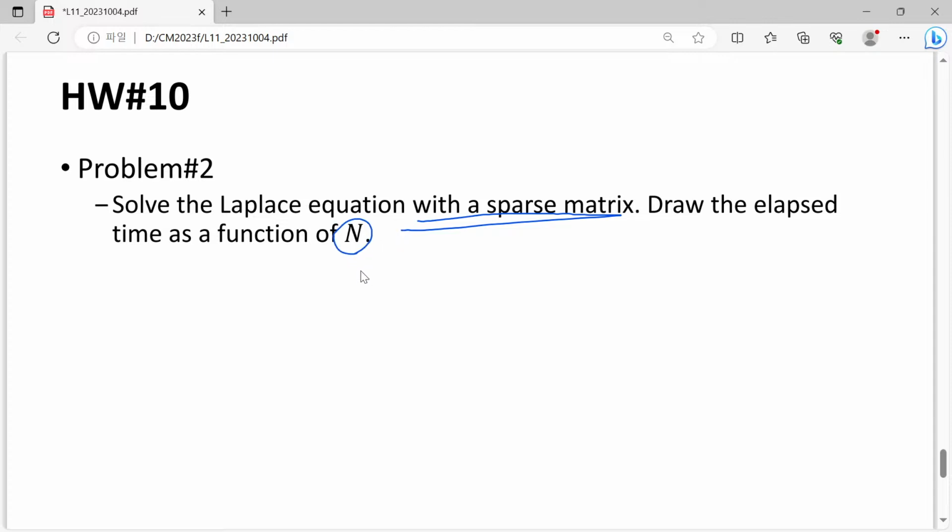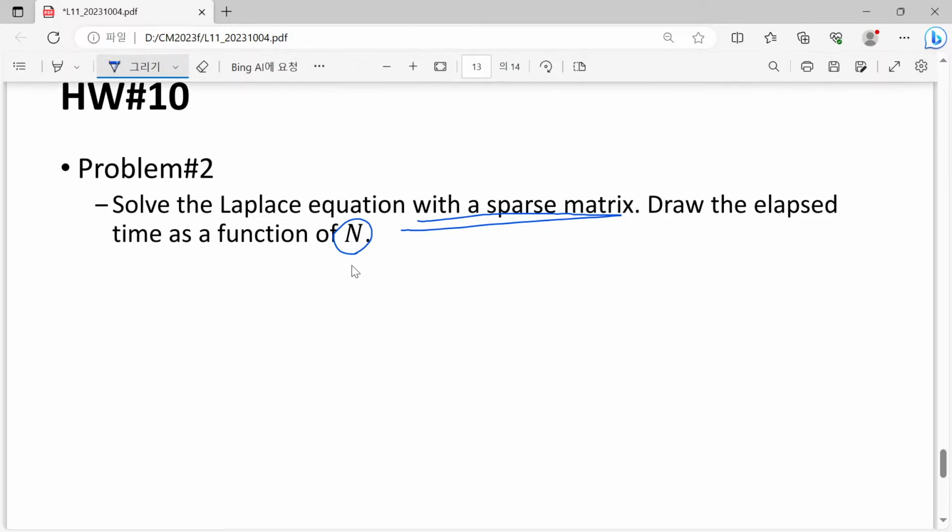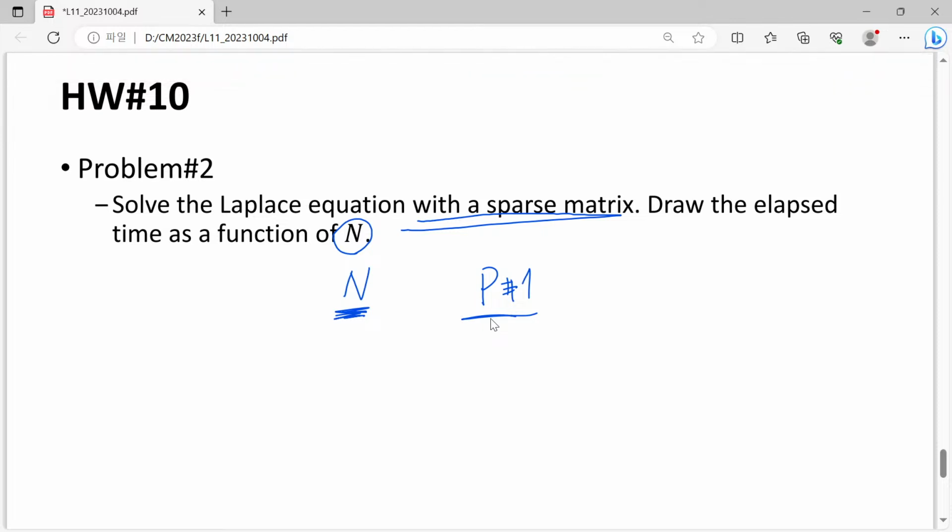You will find a huge improvement in the time for calculating your problem. Then please do not restrict your n values to that of problem number 1.